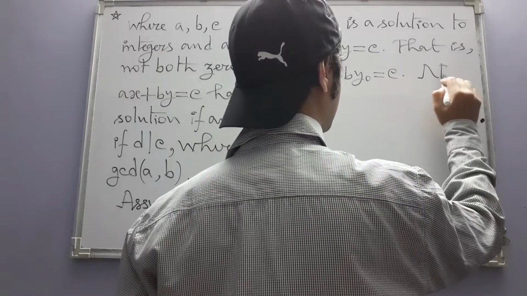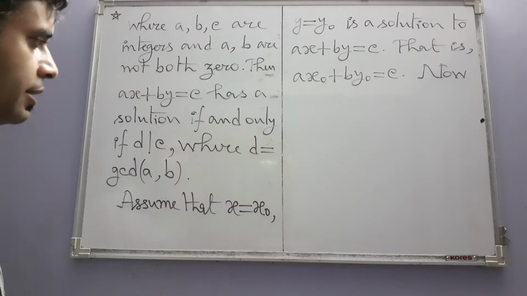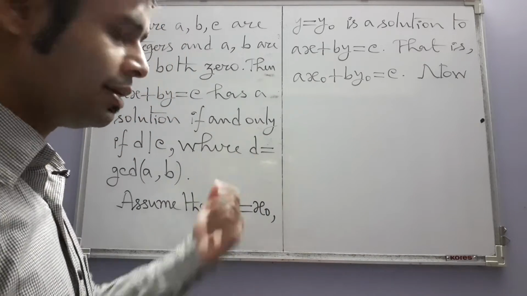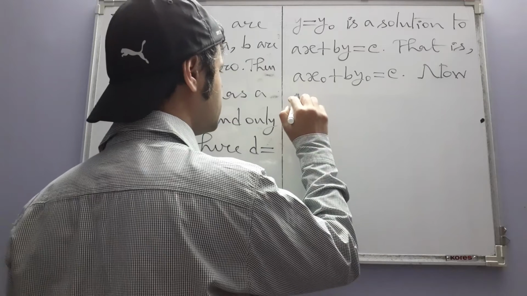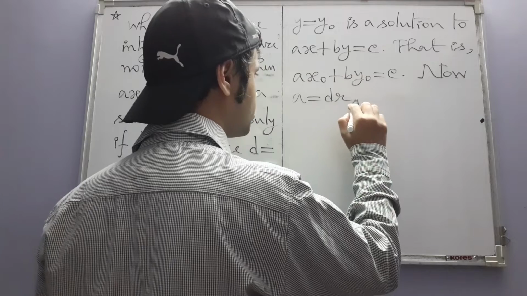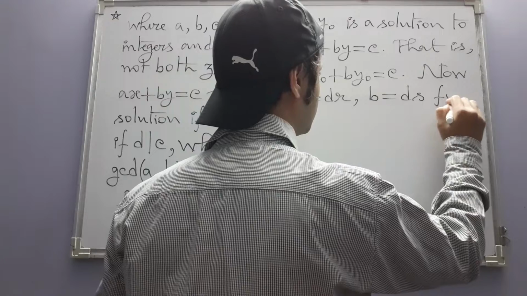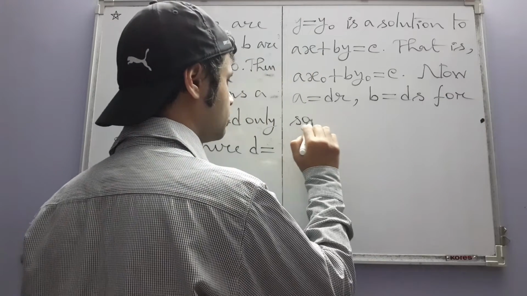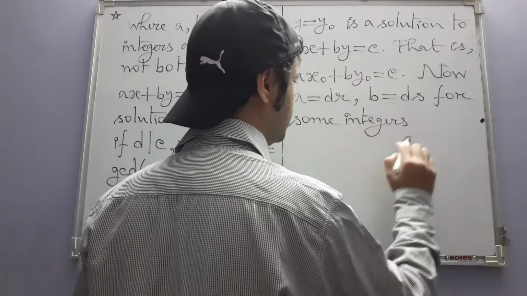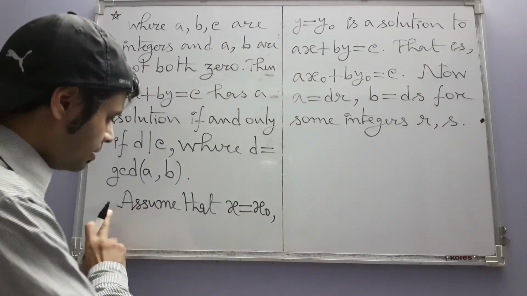Now, because d is the GCD of a and b, that means d divides both a and b by definition. So a would be some multiple of d, b also would be some multiple of d, for some integers r and s, and this line is of course independent of this assumption.